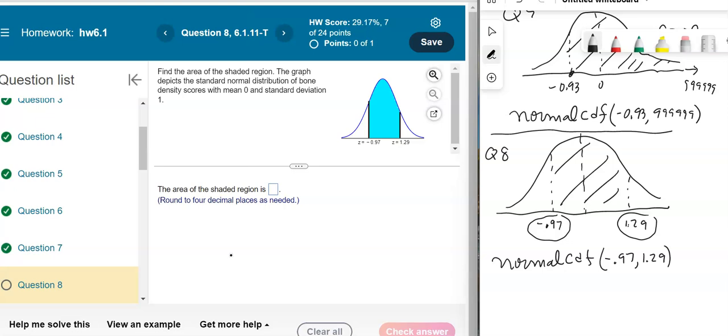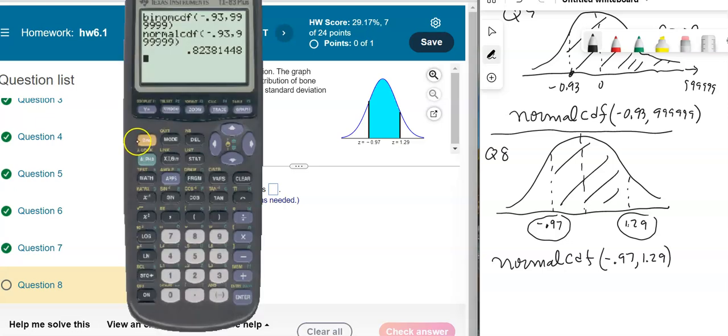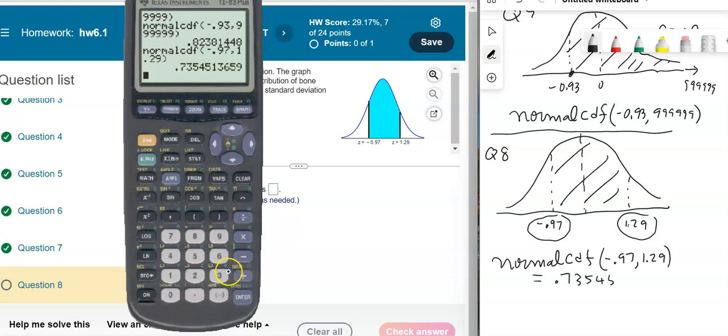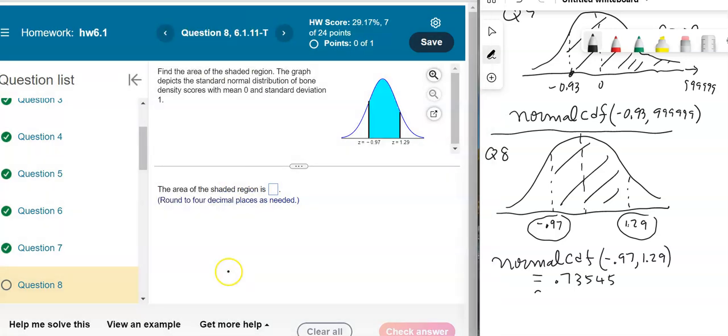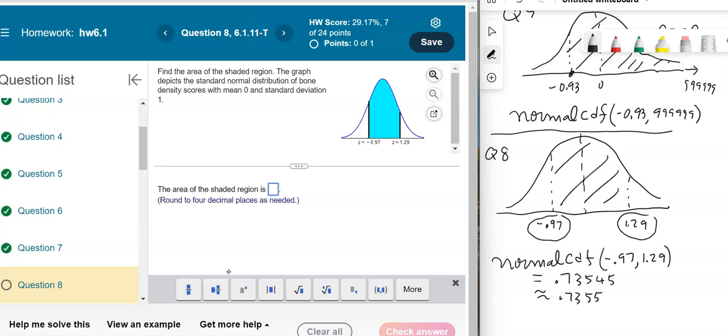That's all you have to do. Second bars again, normal CDF, negative 0.97, comma 1.29. So you get 0.73545 full decimal, 0.7355 by rounding.